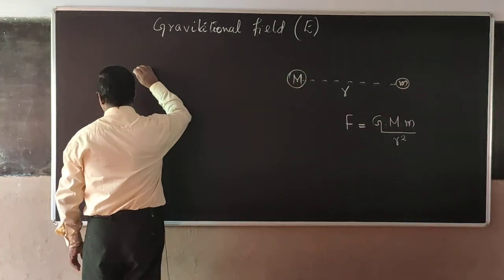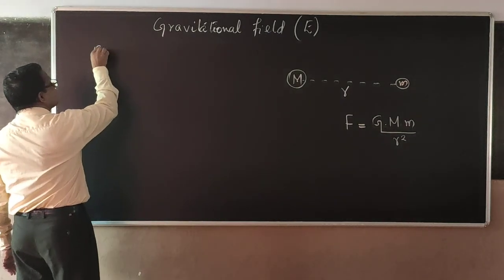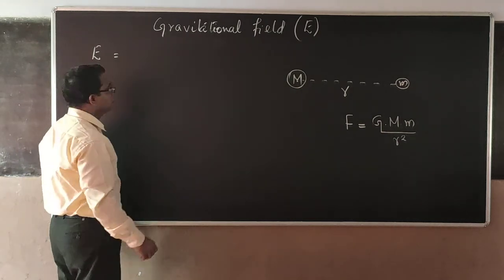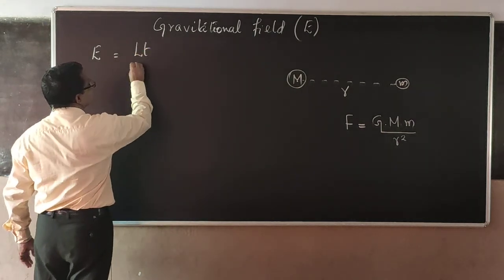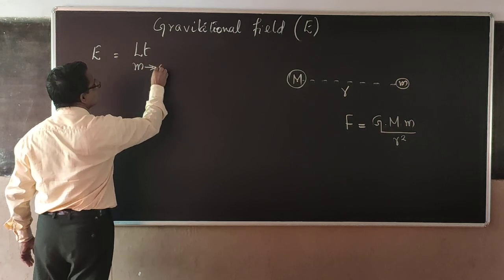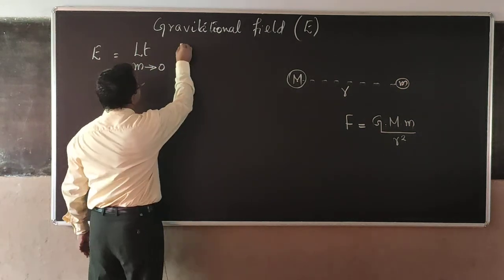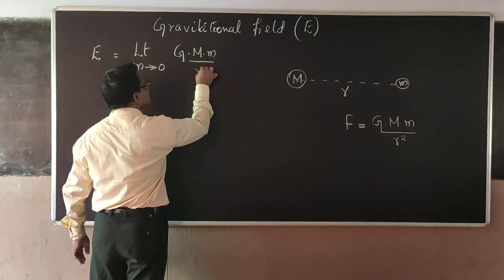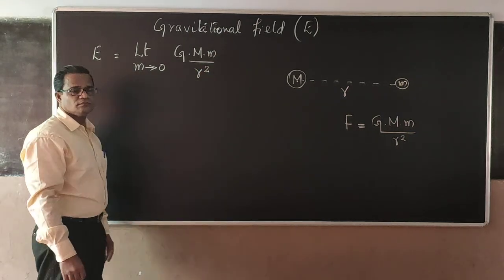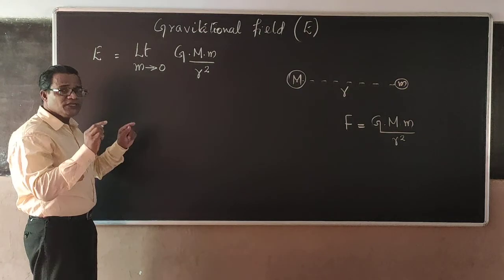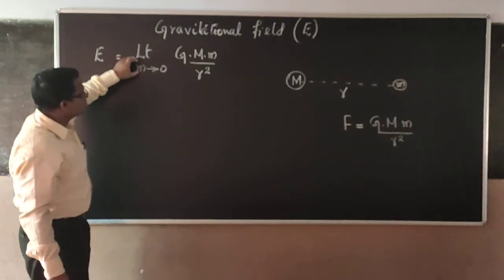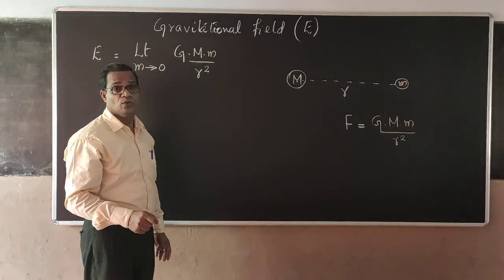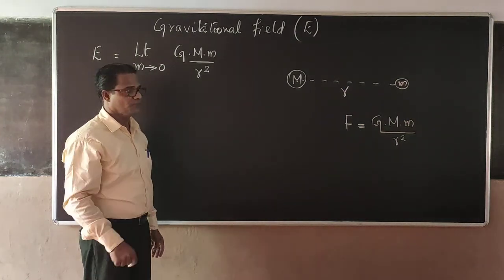So the exact expression for gravitational field E will be equal to limit m tending to 0, capital G into M m divided by r square. What it means is that m will be such a small value, very close to 0, but not 0.